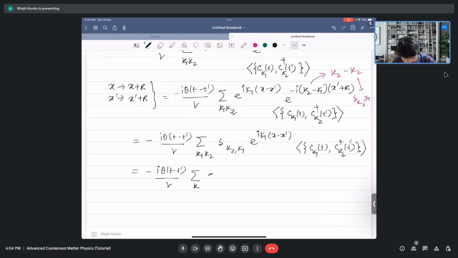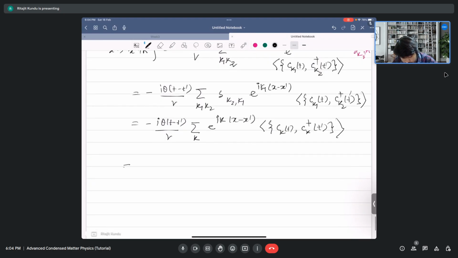So this thing is just e to the power i k (x minus x prime), then c k (t) c k dagger (t prime). Now if you look at this expression carefully, if I keep this 1 over V out, and keep e to the power i k (x minus x prime), then the rest of the terms I can just write as some G k function of t and t prime.